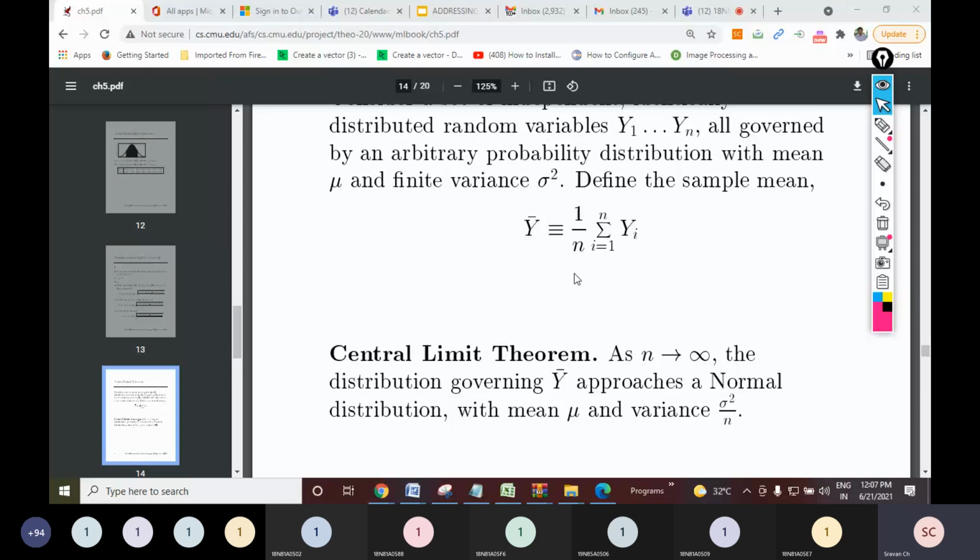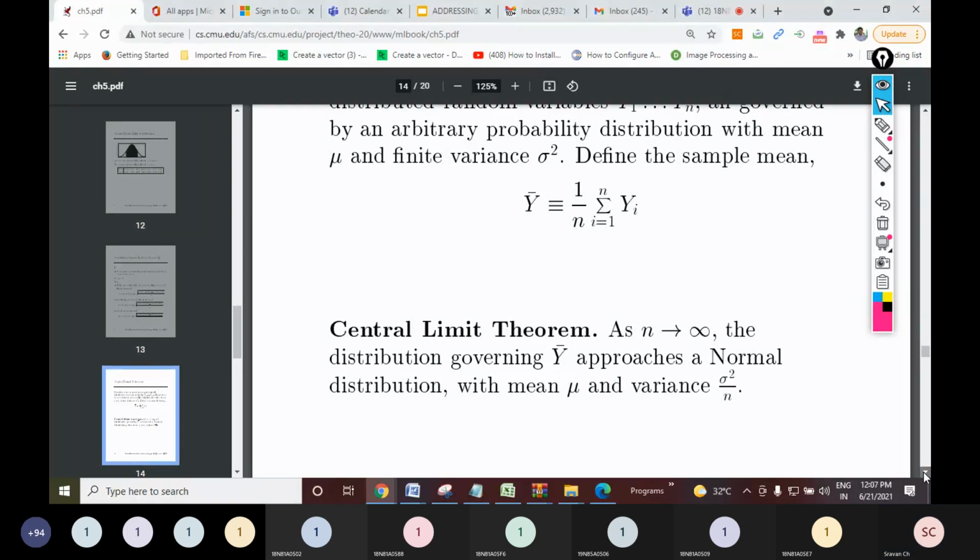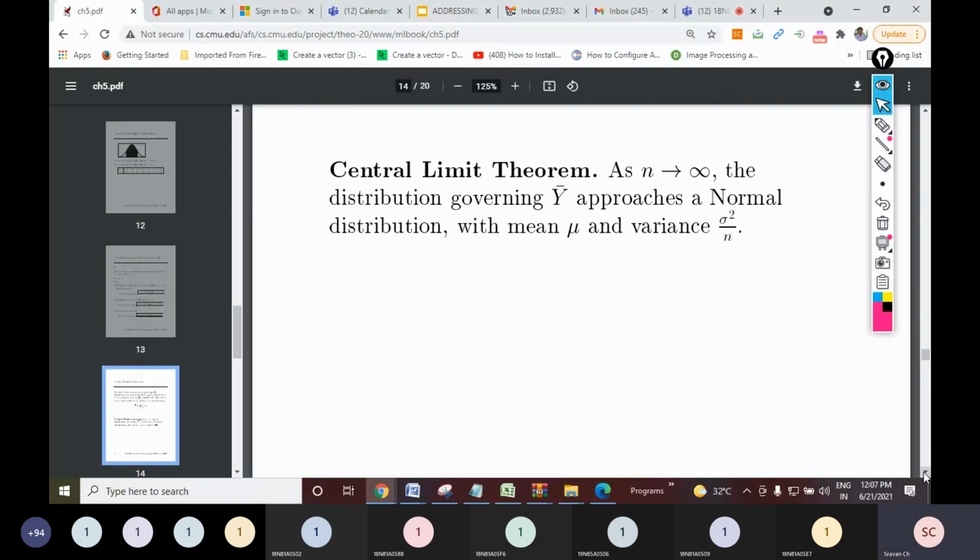As n tends to infinity, as the value of n is growing, the distribution governing y dash approaches a normal distribution with mean mu and variance sigma square by n.